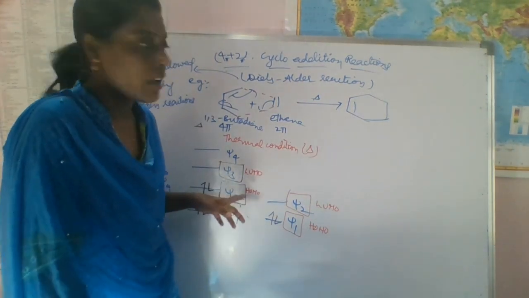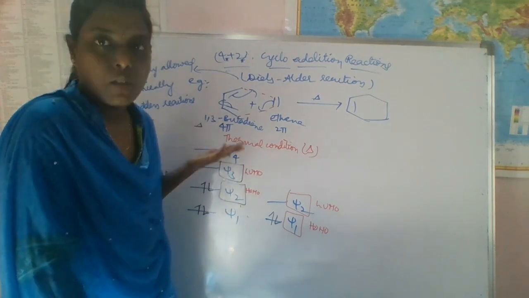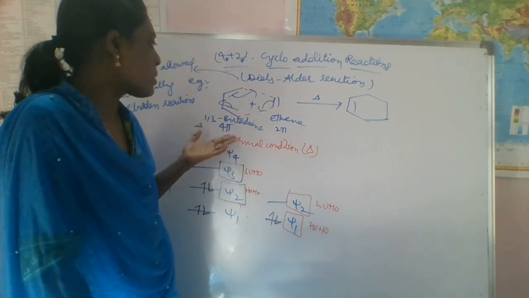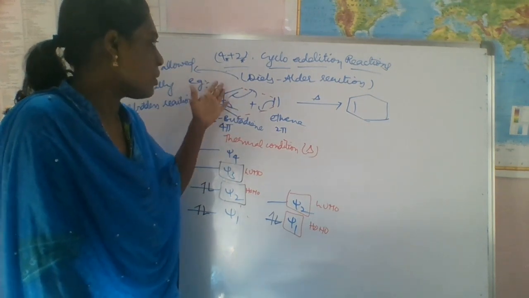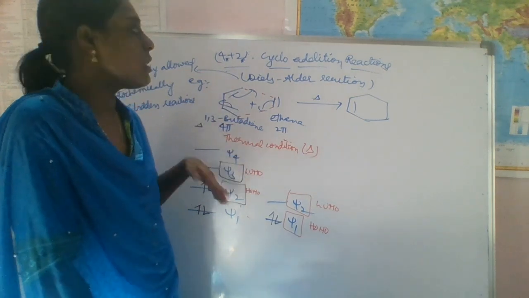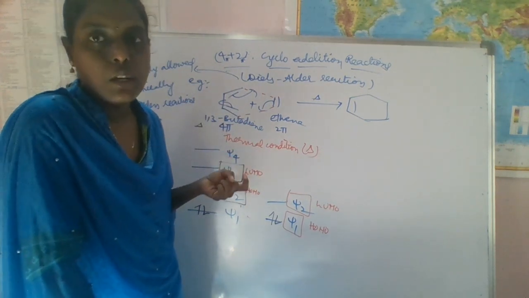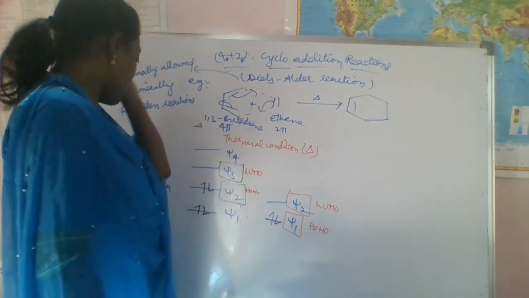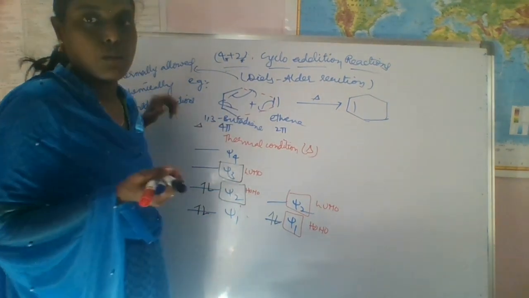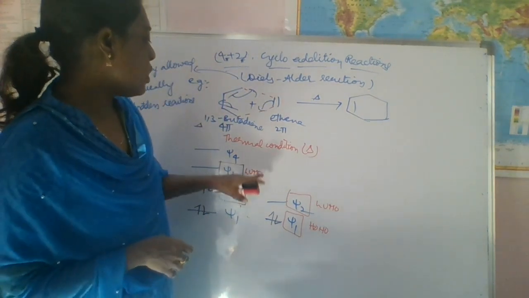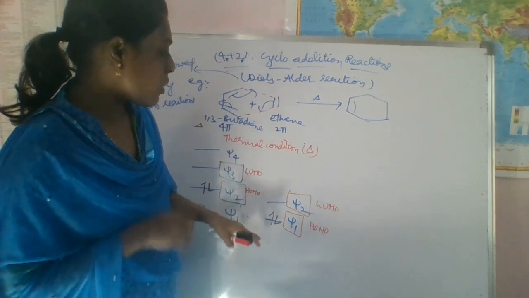As I said in previous classes, in the first or second class, I explained 1,3-butadiene orbitals and how to calculate the HOMO and LUMO for a particular compound. If you take any molecule, you use a simple formula to calculate HOMO and LUMO.